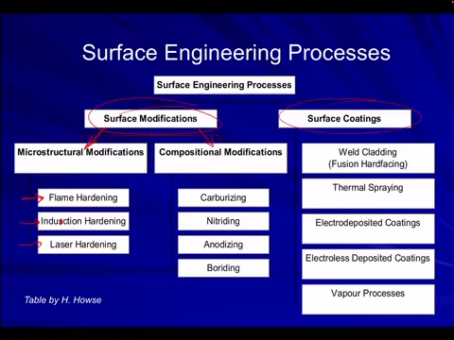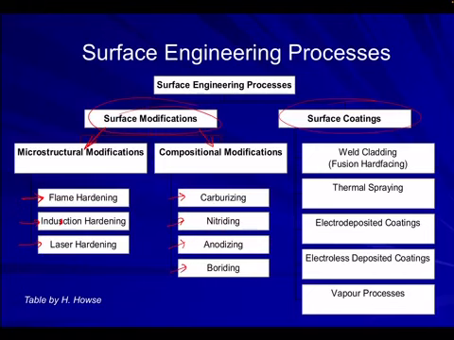We also get laser shock peening, and with that you induce a compressive stress. Or compositional modifications: carburizing, nitriding, anodizing, boriding. So all kinds of things that you can do to the surface.